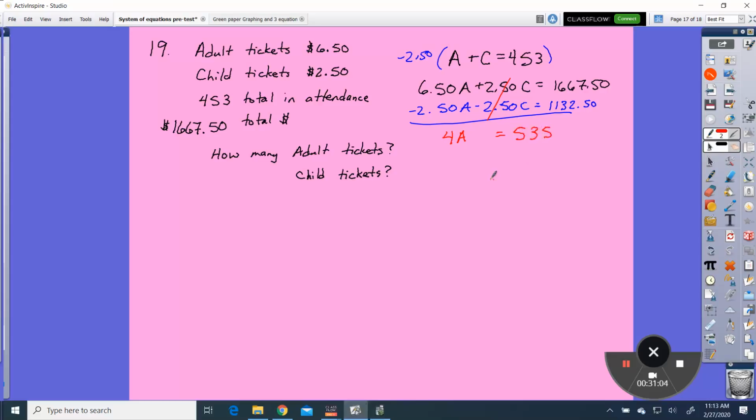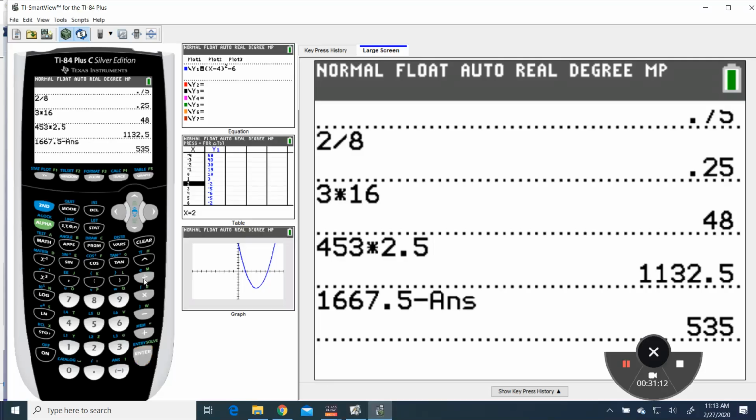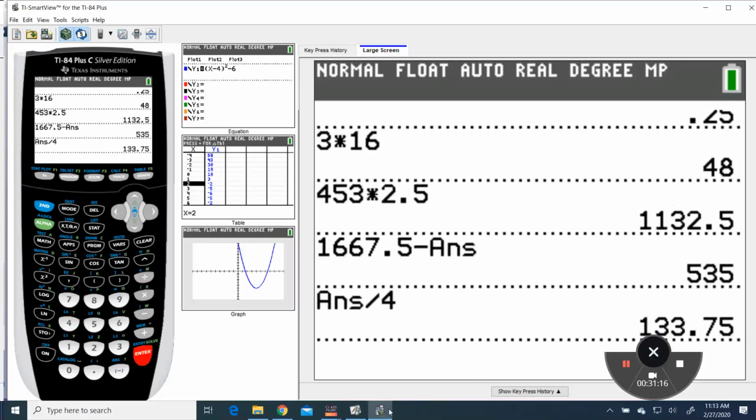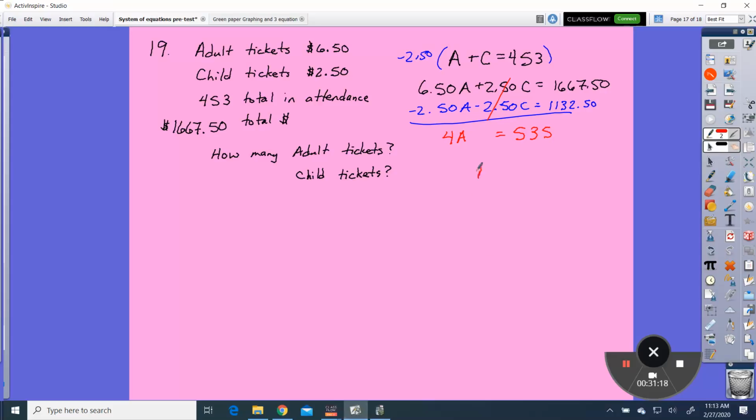Now that doesn't sound quite right because I shouldn't get a decimal. If I divide that by 4, I get 133.75. So something doesn't look quite right. Let me hurry and check my math. Found an error.